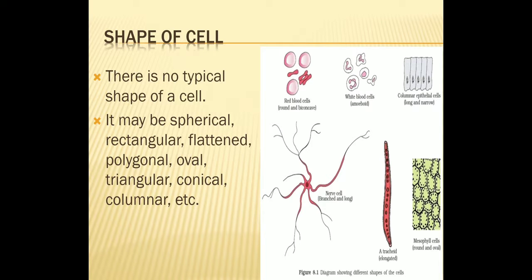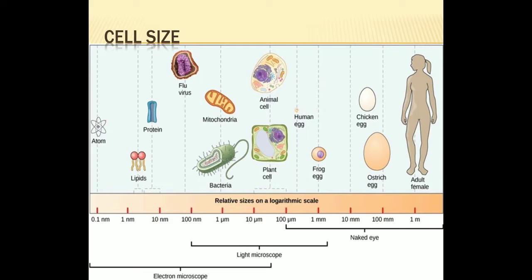Now coming towards the size of a cell. Cell size varies greatly in various plants and animals. Some of them are not visible to the naked eye, some are barely visible, while some are macroscopic. If I say the word macroscopic, that means they are large.